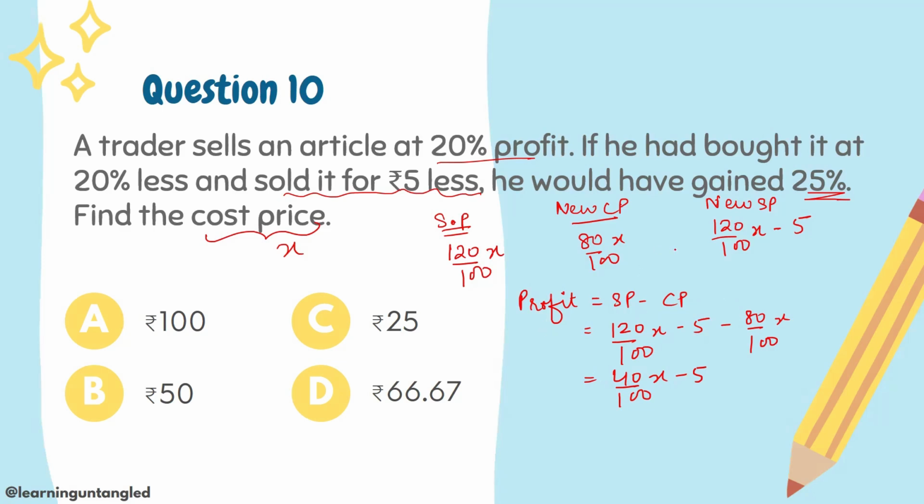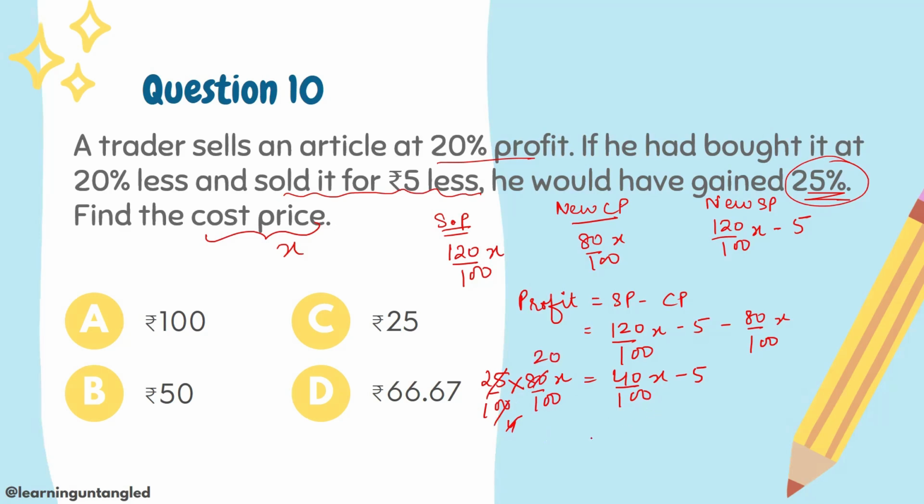Right? But it is given that the profit percentage is 25%. So this should be equal to what? 25% profit. And it is always calculated on what? The cost price. So the new cost price, which is 80% of x. This is 1/4 and this is 20% of x.